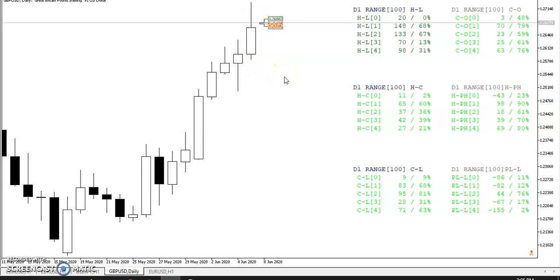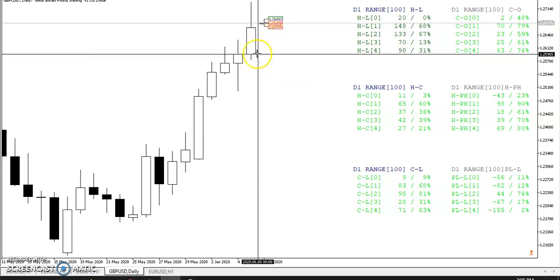So we talk about the buy zone. If you think about it, the buy zone says price is going to range outside of an area surrounding the open. This was the open right there.